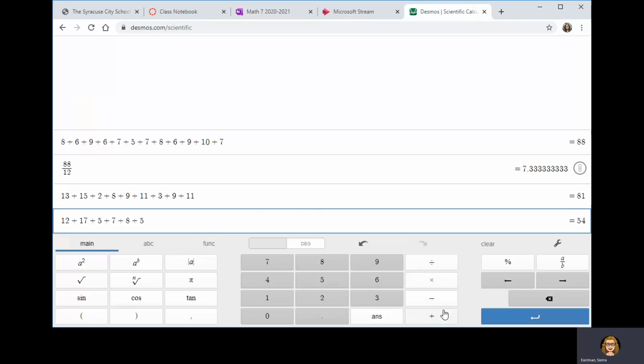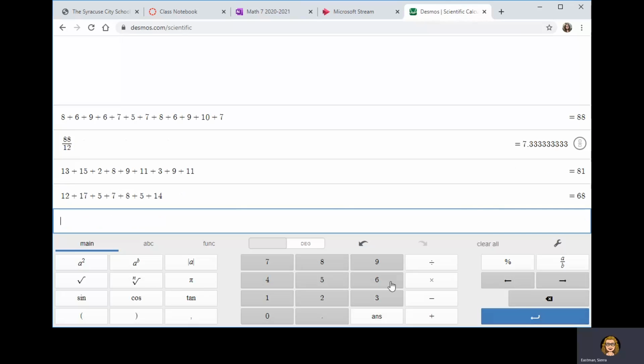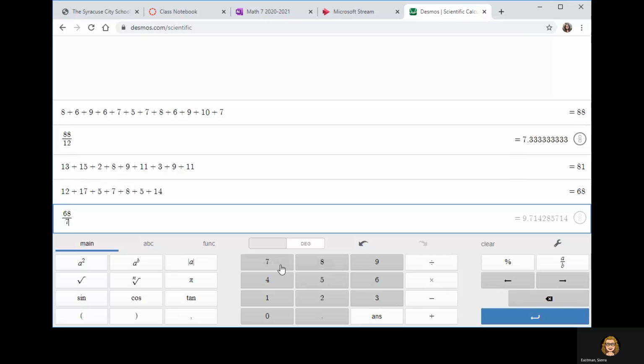There we go. And we have 68. So 68 is actually going on the top here. 68 divided by 7 should get us 9.7142. We can round that number and say about 9.7.